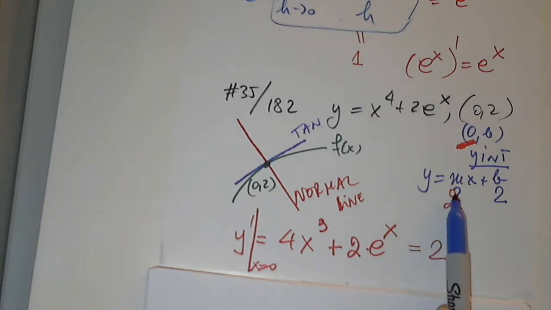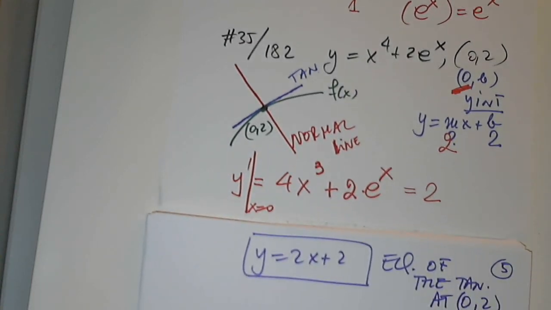Y equals 2x plus 2. Y equals 2x plus 2 is the equation of the tangent at 0, comma 2. Good. Now we want to determine the equation of the normal line at the same point.